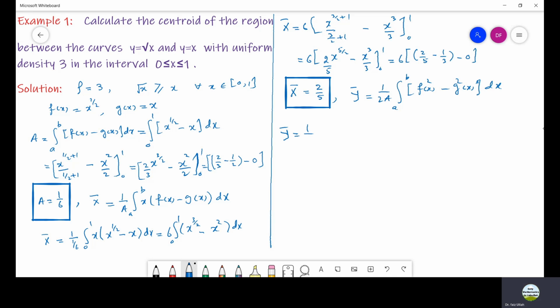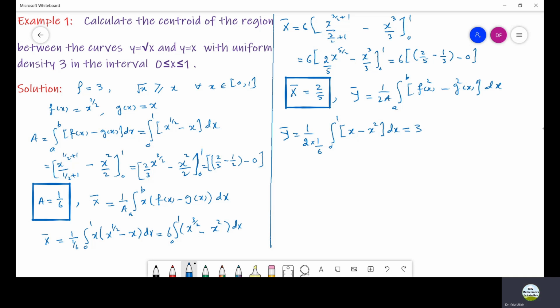Let us use the values: 2 into a, the value of a is 1 over 6. Integration is from 0 to 1. f of x is root x, whose square is x, minus g of x square, which is x square, into dx. Let us simplify this.